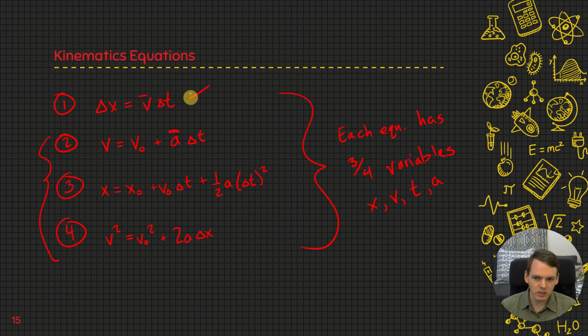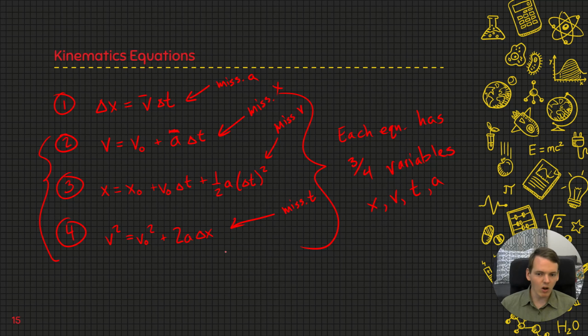So this first equation is missing a. The second equation is missing x. This third equation is missing v. And this fourth equation is missing t.